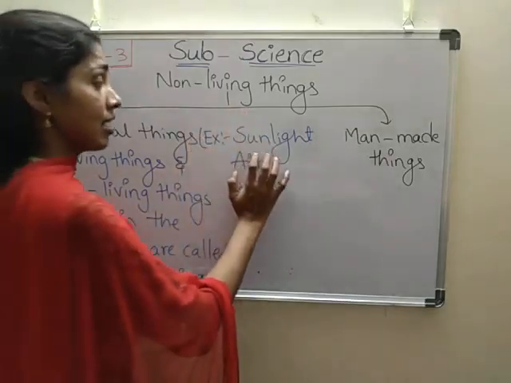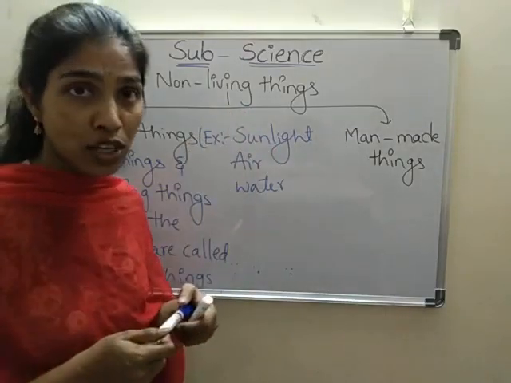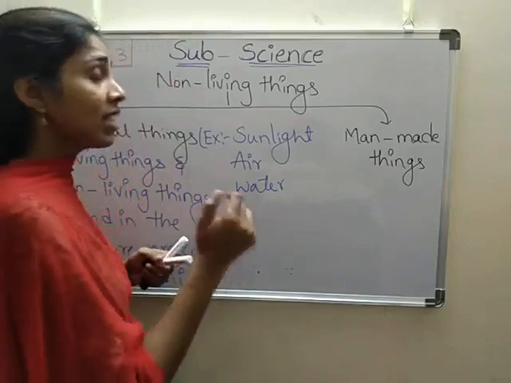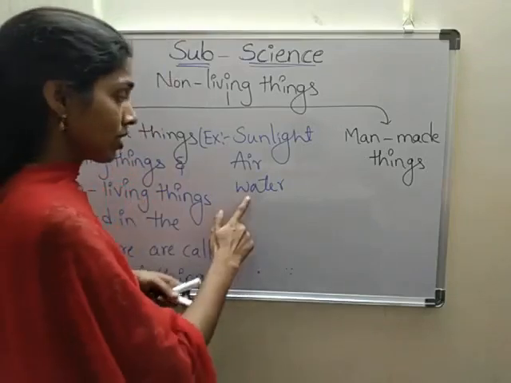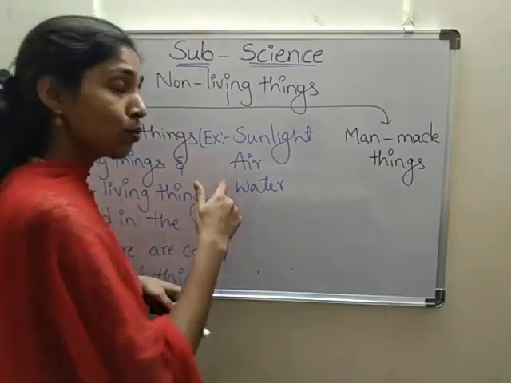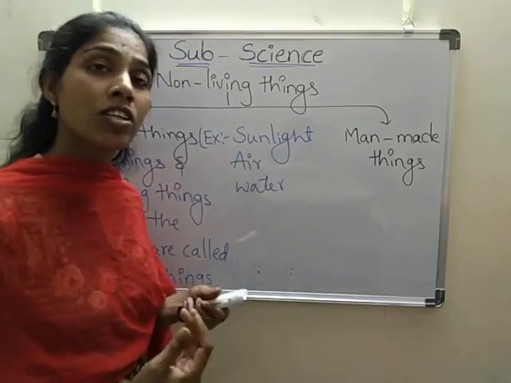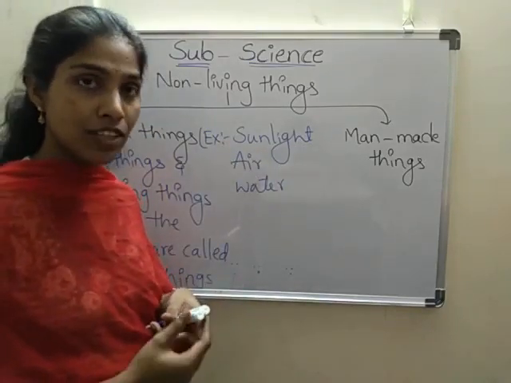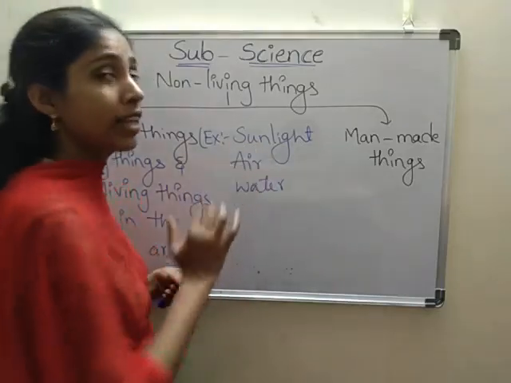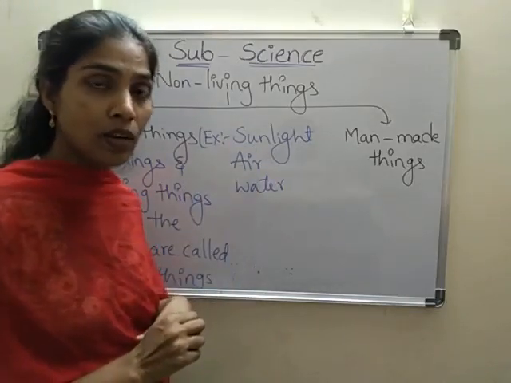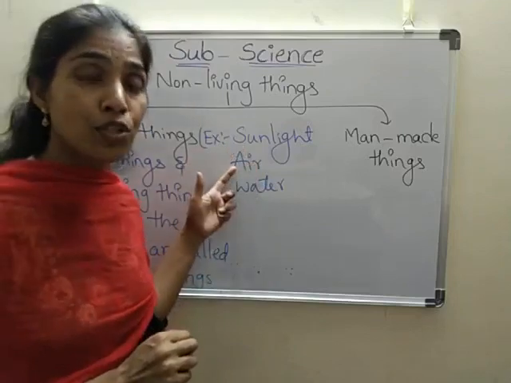Children, these things we get from nature. We need water to drink, air to breathe, and living things need heat and light. So these things we get from nature. So these are the natural things.